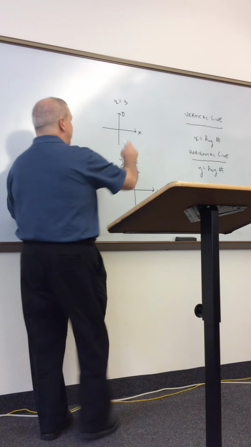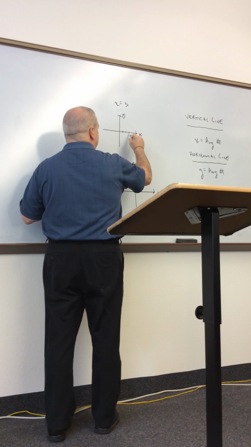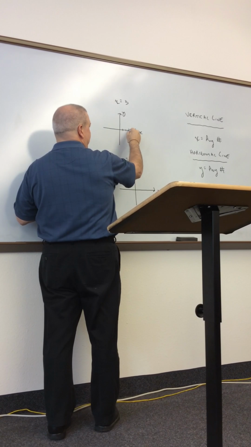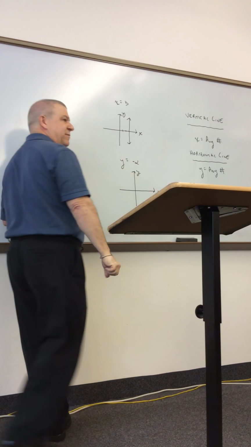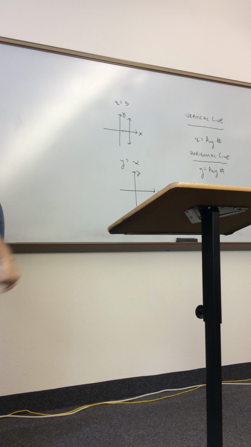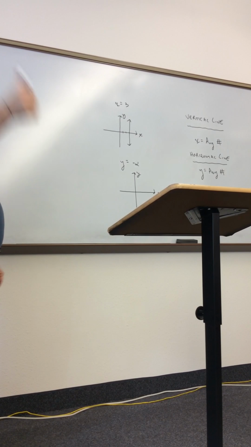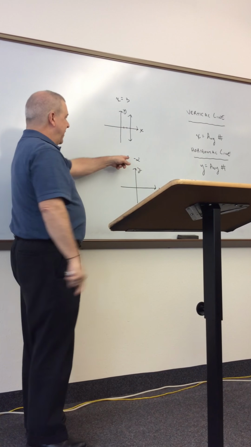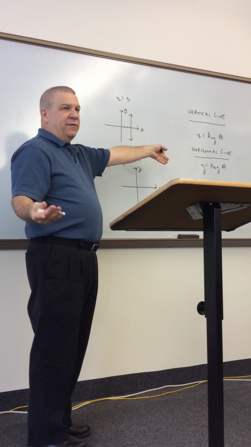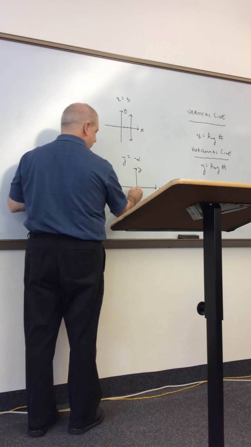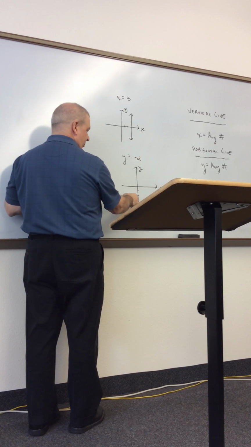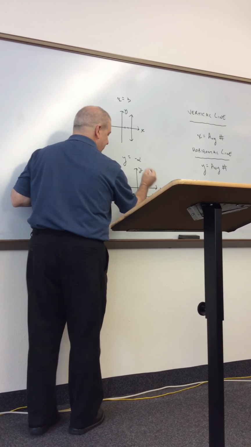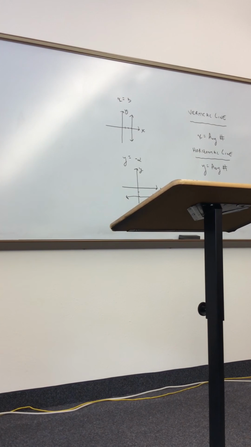So all you would do is draw a vertical line through 3. You'll see where it's going to come up shortly. See this y equals -2? That's y equals some number. That's a horizontal line. There's where y is -2, and you would draw that horizontal line.